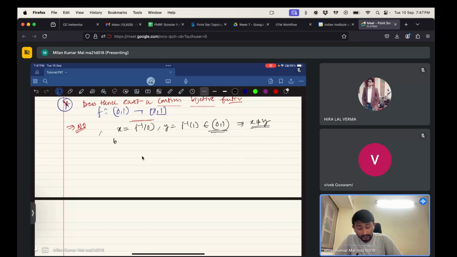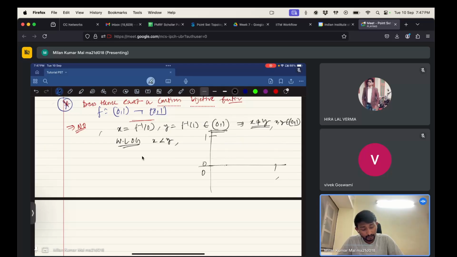Now by the intermediate value property, x and y belong to (0, 1). Without loss of generality, I can take x less than y. That means f takes the value 0 at the point x and the value 1 at the point y. Suppose this is the graph, with the x axis 0 to 1 and the y axis 0 to 1.